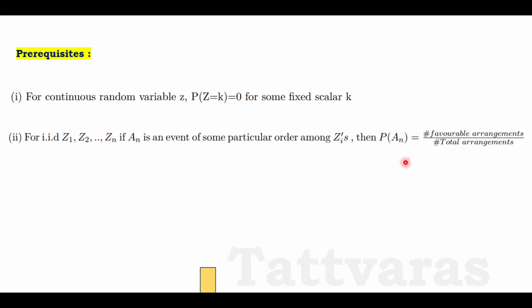In that case, this probability will be the number of favorable arrangements, which is the arrangement An, divided by the total arrangements of these variables, which is n factorial. The third one is, if x is a random variable following Bernoulli p, then expectation of x is p and variance of x is p into 1 minus p, right?